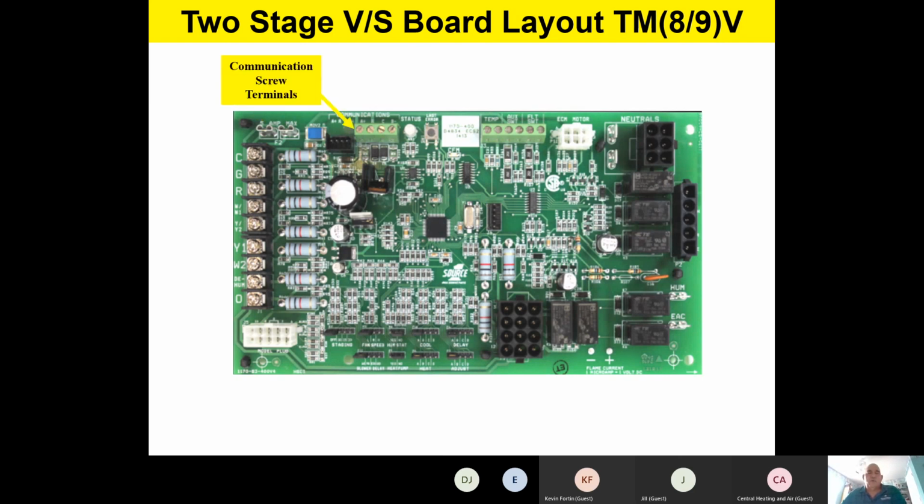As we move around the board, this furnace is communicating capable. So if you have it hooked up to a communicating thermostat system, it'd be 4 wires from the thermostat down to the furnace, A, B, C, and R. You have your tricolor LED right next to that communication terminal block.